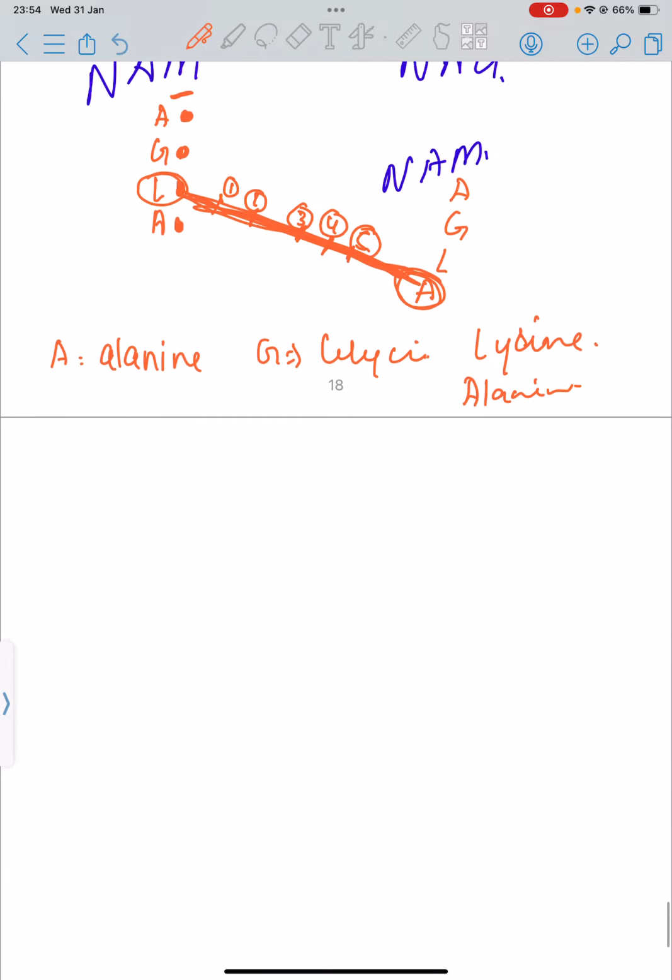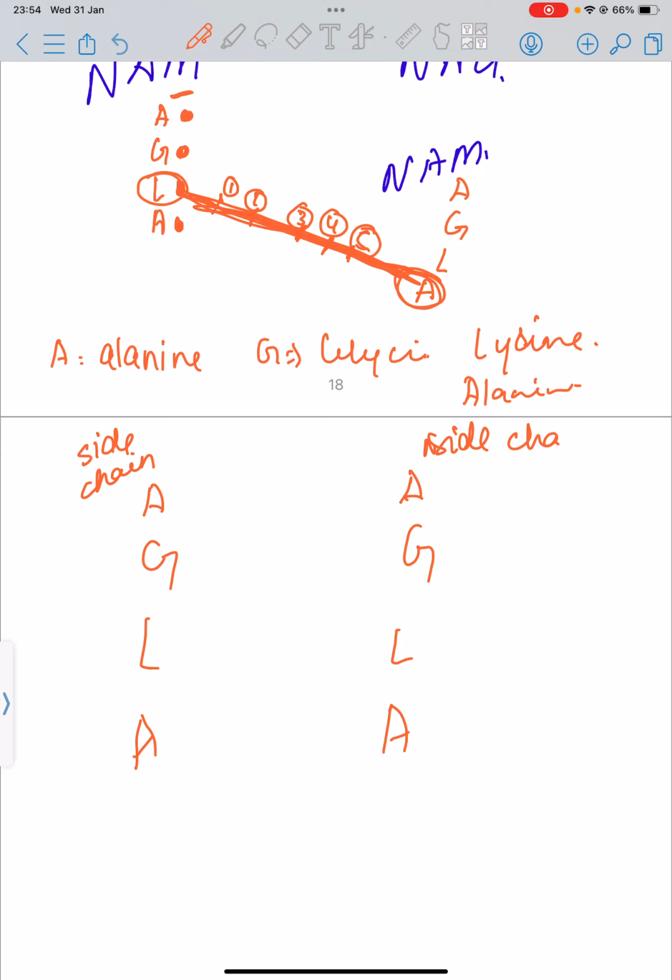So AGLA of one side chain is connected to AGLA of another side chain via a cross link. As simple as that.